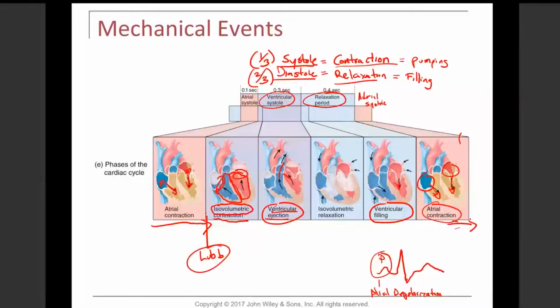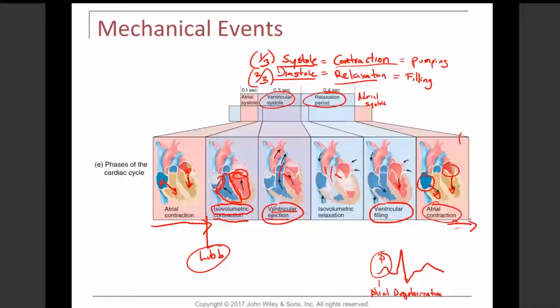Now eventually, you reach a point that's known as isovolumetric relaxation, okay? Isovolumetric relaxation occurs when the ventricles begin to relax, because when that blood has made its way out of the heart, that pressure is relieved here. As that pressure begins to get relieved, those ventricles start to relax.